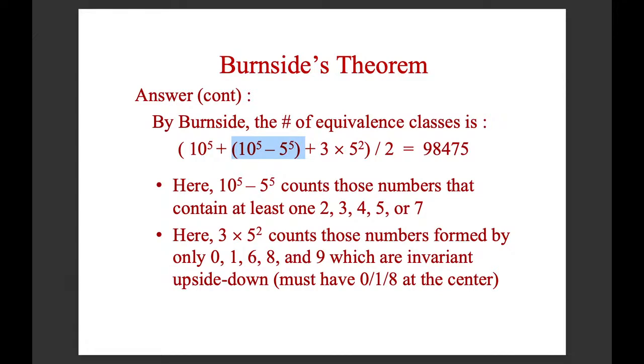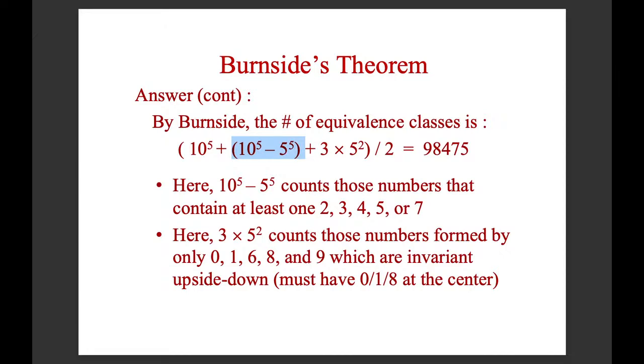Now for such numbers, the middle digit has to be a 0, a 1, or an 8. Is that okay? Because if the middle digit is 6 or 9, then after upside down, 6 changes to 9, 9 changes to 6, so it's not okay. So whenever the middle digit is 0, 1, 8, it is possible that it reads the same upside down.